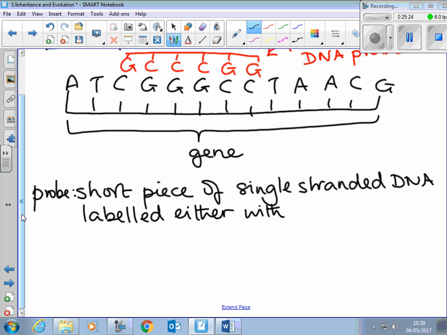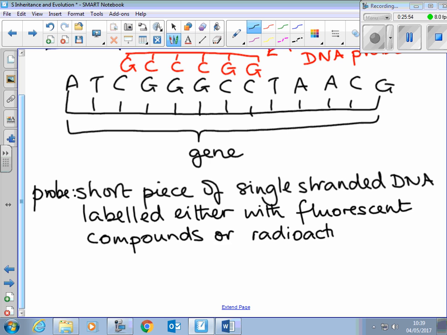Fluorescent compounds. The thing with that is you can actually use a variety of different colours of fluorescence to show up different sequences, so you can try and track several things at once. So you can label with fluorescent compounds, and then all you've got to do is shine UV light on it and it lights up. So fluorescent compounds or radioactivity.